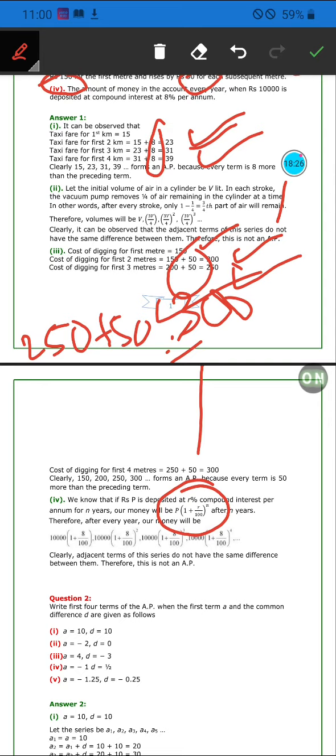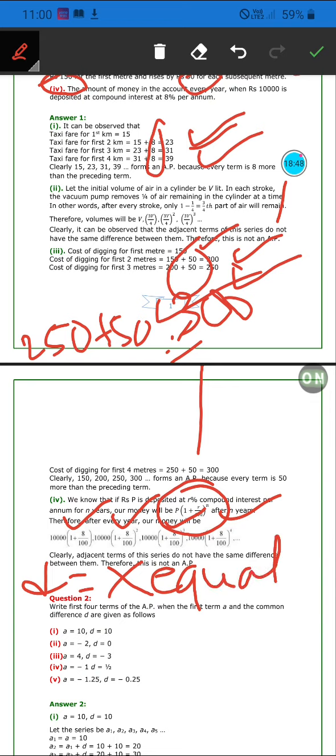Put the principal 10,000 and the rate of interest 8. N means time. So find out the values of these numbers. The common difference is not equal. So the fourth question is also not in AP. First and third are in AP; second and fourth are not in AP.